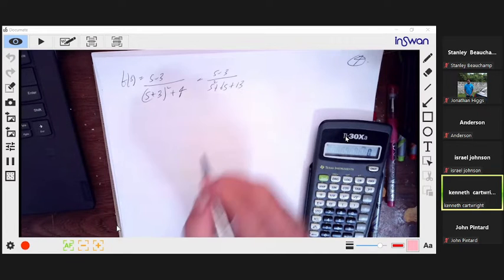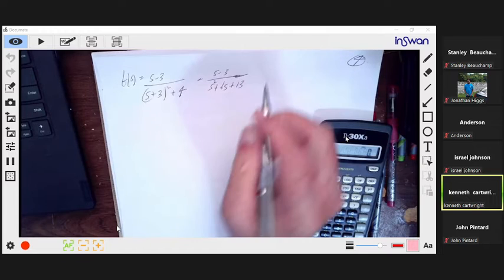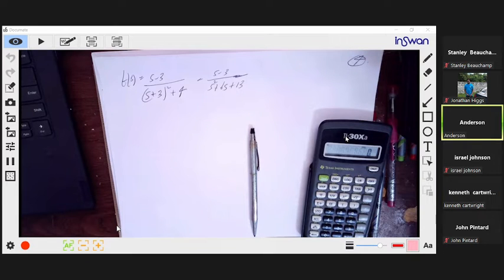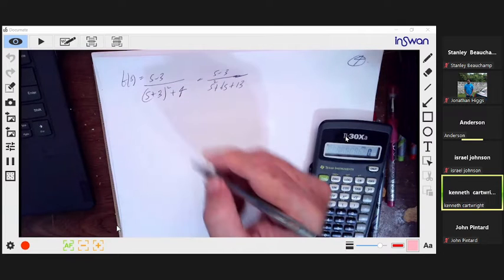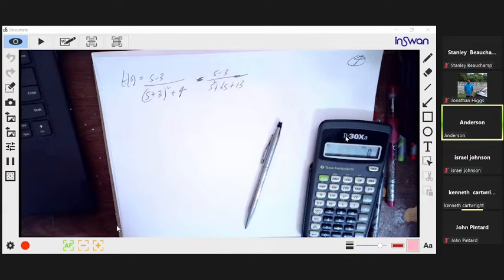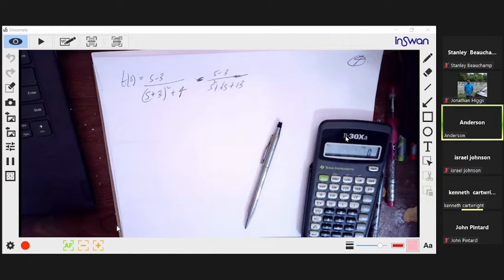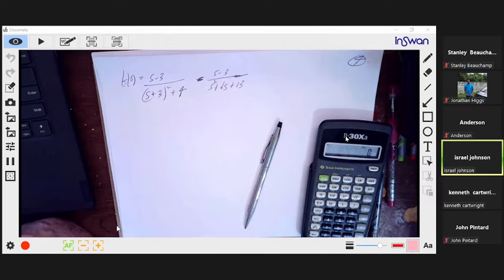So go ahead and find the roots of the quadratic for me. Send me answers in the chat. Or we have to find it for the both of them at the bottom? We have to find it for two of these? That's the same quadratic. That's what these equal signs mean.